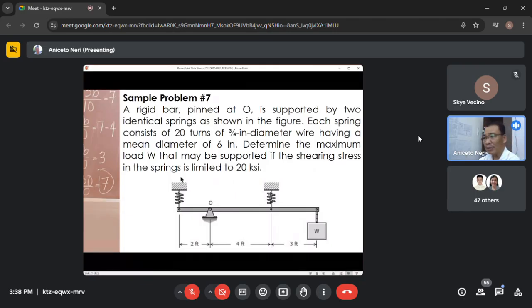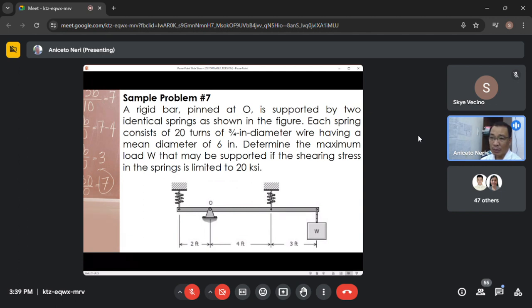Kini kondisyon na shearing stress in the spring is limited to 20 ksi. Dili ni dungan na. Dili ni siya dungan. O dili na mahitabo nga kung naka-experience ni siya og 20 ksi na stress, kini pod 20. At the same time, dili. Lahi-lahi na.